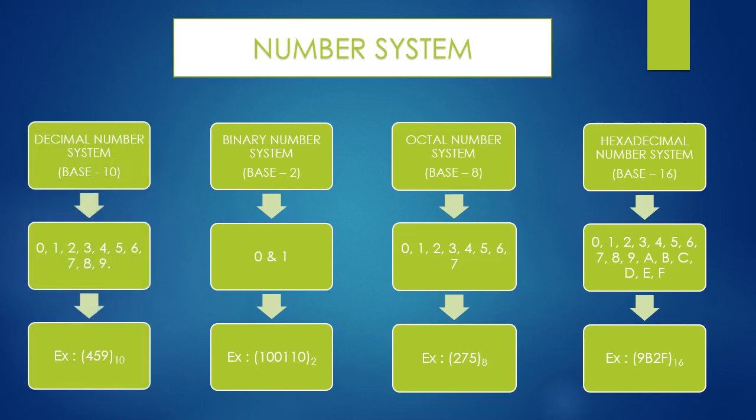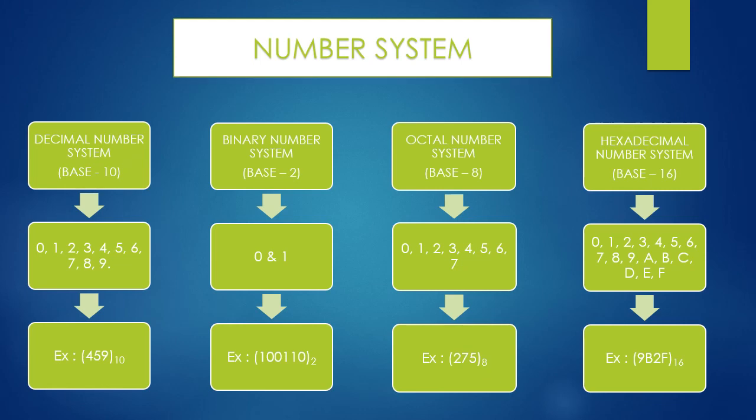Now, next one is binary number system. In binary number system, there are only two digits, that is 0 and 1. Since it contains only two digits, the base of binary number system is 2. It is represented as a combination of zeros and ones, and we write the number within brackets with a subscript 2.